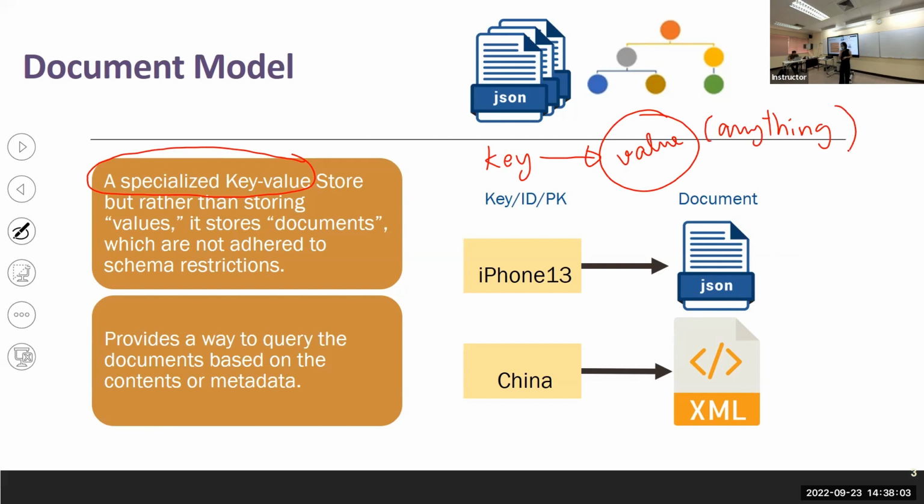But when it is the document model, it is the same, you need to have a key. We call it a key. Sometimes, depending on the document store that you select and adopt, it may be called a document ID. And the value is just a document.